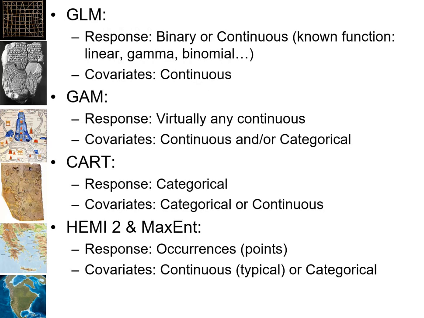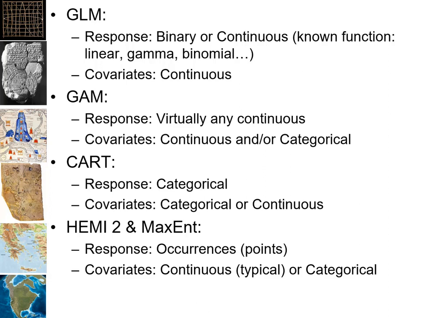And here's another look at that from the modeling method end of things. A GLM, your response can be binary or continuous. Again, tend to use it with binary or bimodal response. GAMs, virtually any continuous response, and covariates can be continuous or categorical. CART, specifically the categorical part of categorical and regression trees is what I recommend.